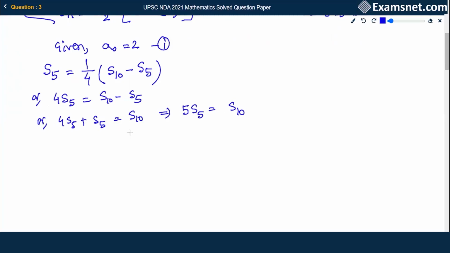Okay, now let's put in the formula. S5 means the sum of the first 5 terms.